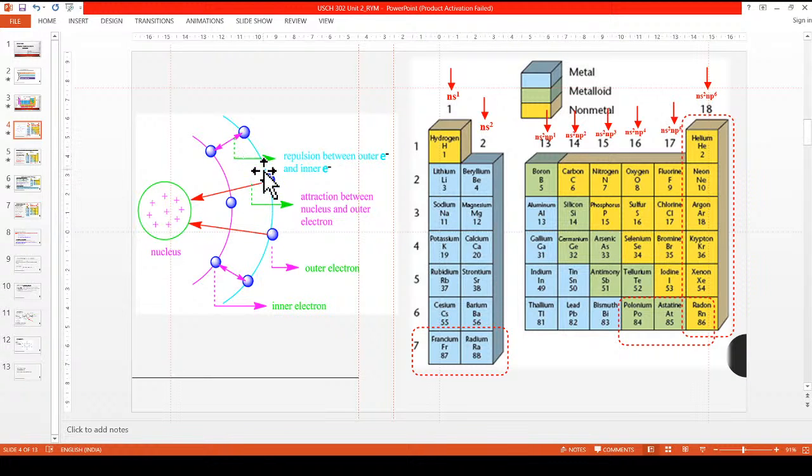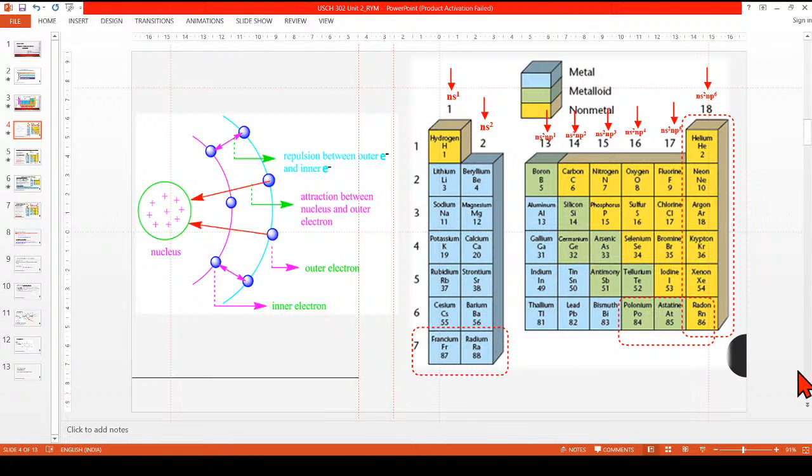So outermost electrons are not as strongly bonded with the nucleus as compared to inner electrons. So as we move from left to right, due to addition of electrons in the same shell, effective nuclear charge increases, thus atomic size decreases.